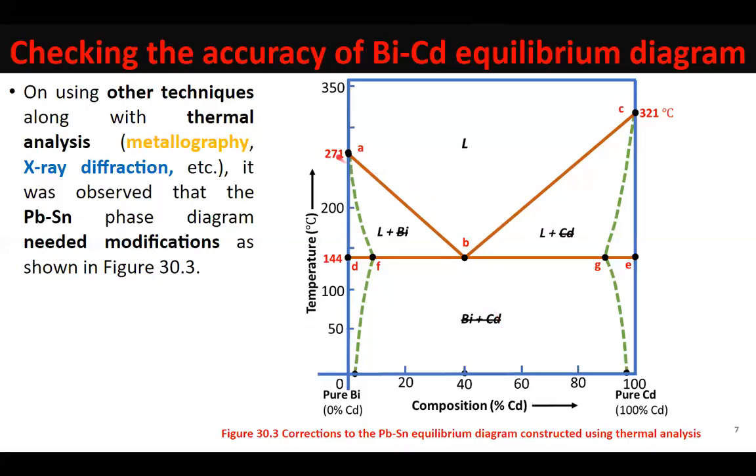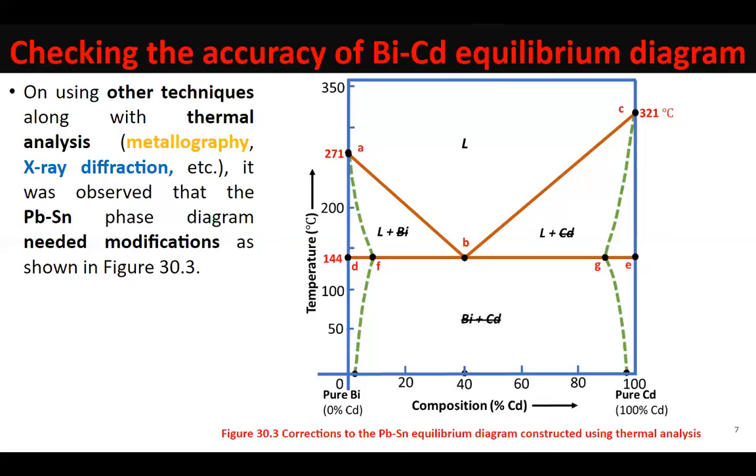So when we revisited this diagram, there was a change in it: here we are forming, to some extent, very limited solid solubility, but in this entire triangular region we are getting a single phase region called alpha, solid solution of cadmium in bismuth. Cadmium is the solute, bismuth is the solvent. And on the extreme right, again we are getting a single phase region, a very small region with very limited solid solubility, where we have beta solid solution.